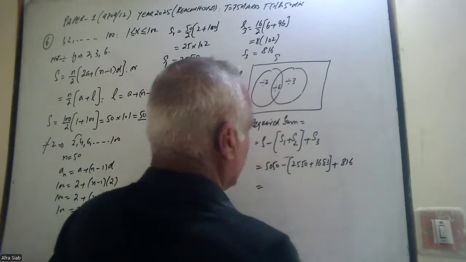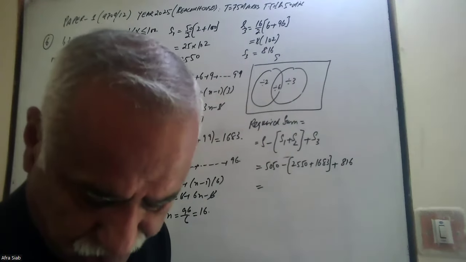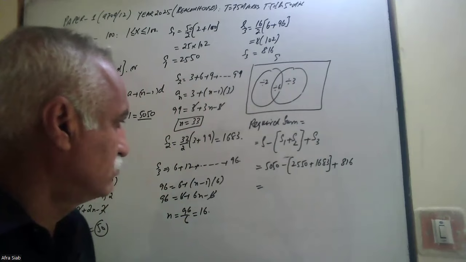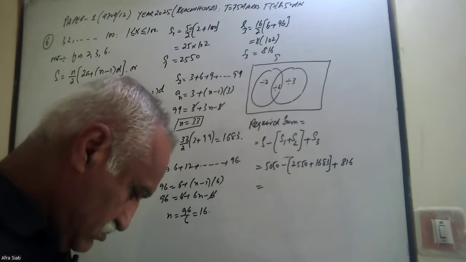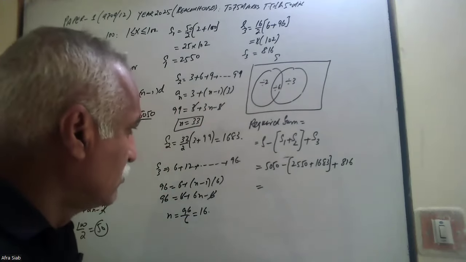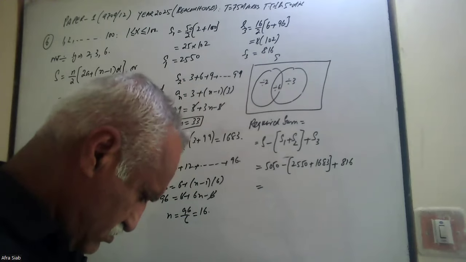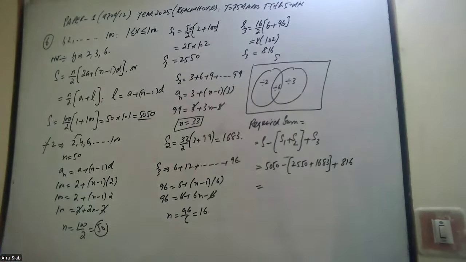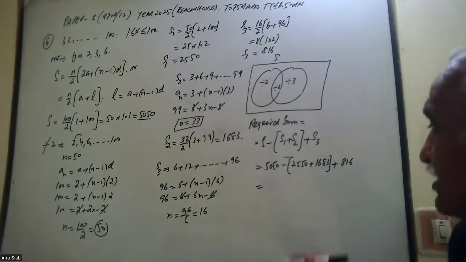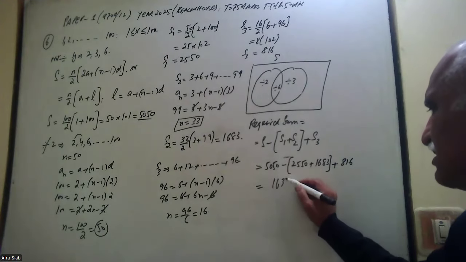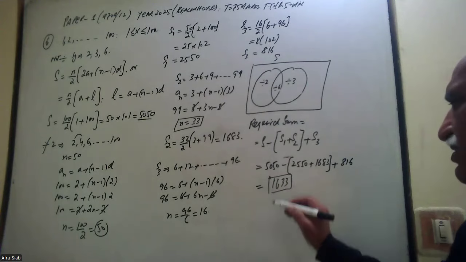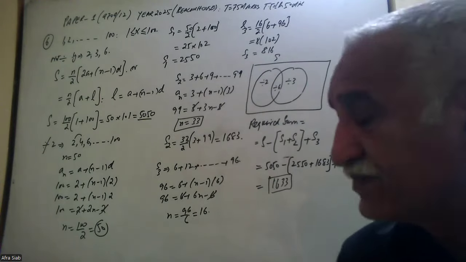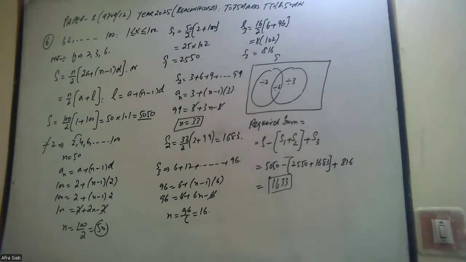So that number is equal to 1633, which is the sum of the numbers from the list of 1 to 100 which are not divisible by 2, nor by 3, nor by 6.